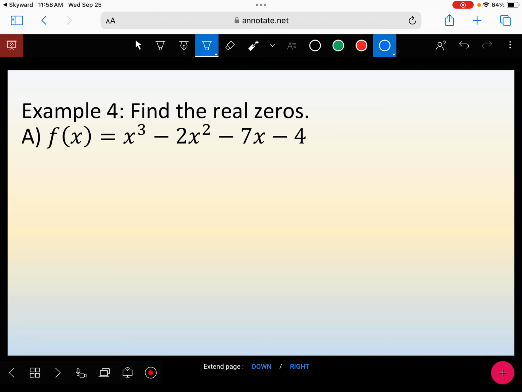So let's go ahead and copy this down. We have a third degree function, which means I'm looking for 3 answers. And we need to find all 3 of them.